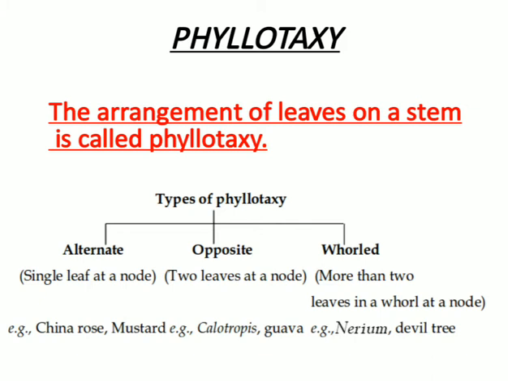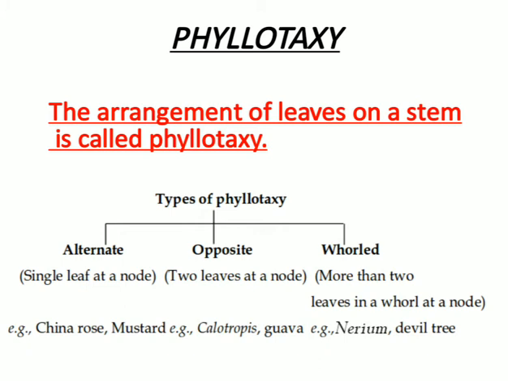Now, when the stem takes the plant to a height, it arranges the leaves in a certain pattern on the stem, and this arrangement of the leaves on the stem is called phyllotaxy. Phyllotaxy is the pattern of arrangement of the leaves on the plant.